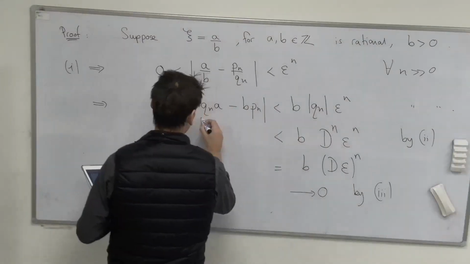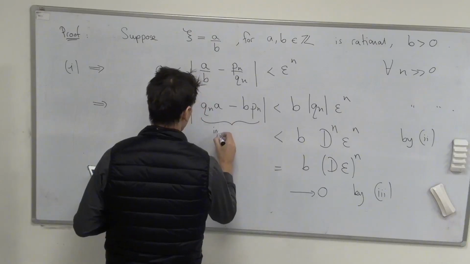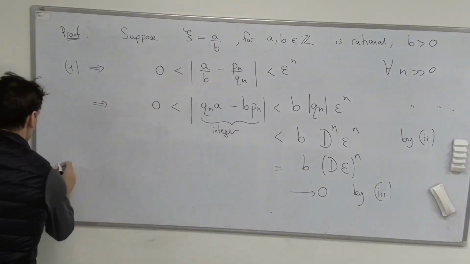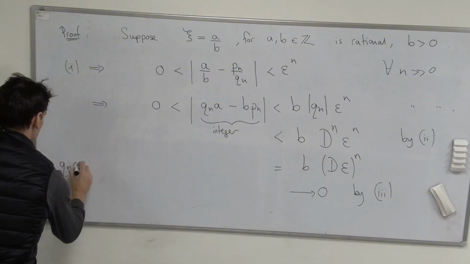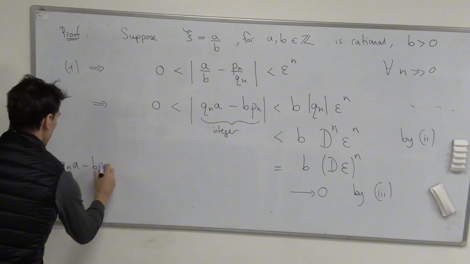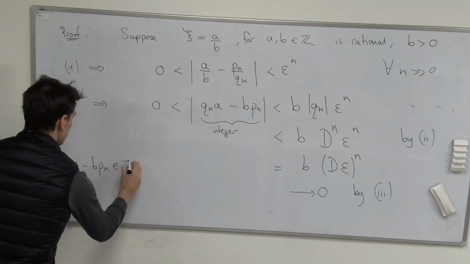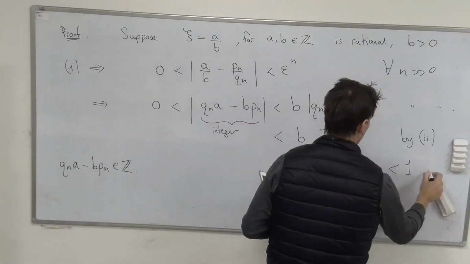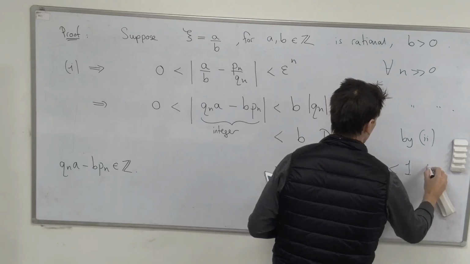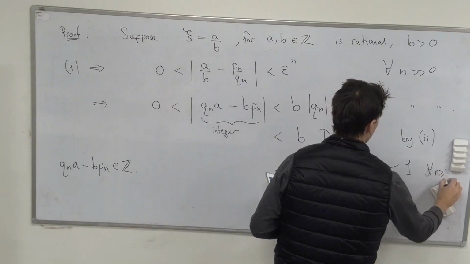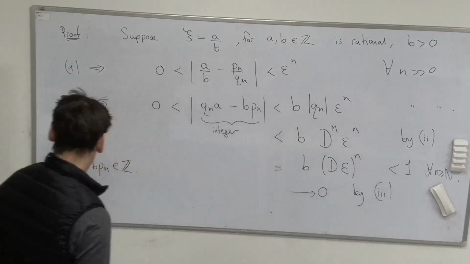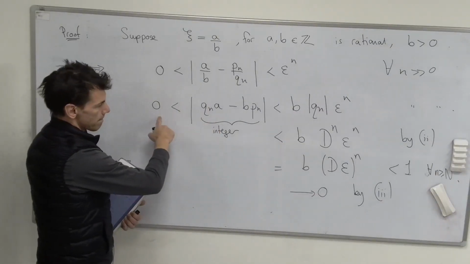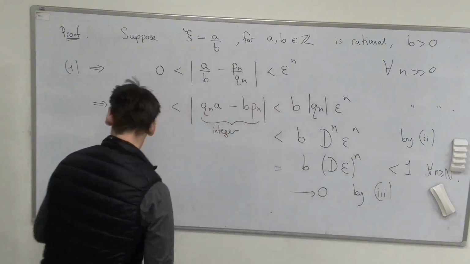But this is the point, that this is an integer, so Qn a minus b Pn is in Z. So eventually it's less than 1, for all n bigger than or equal to some big N. And so we get an integer here which is strictly bigger than 0 and strictly less than 1.